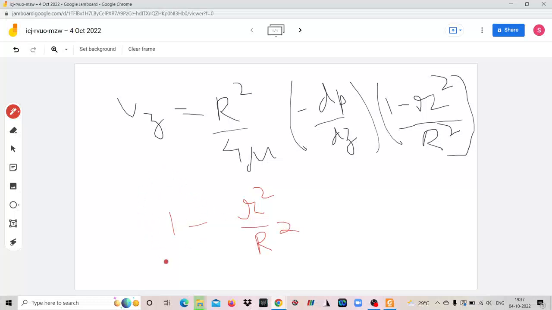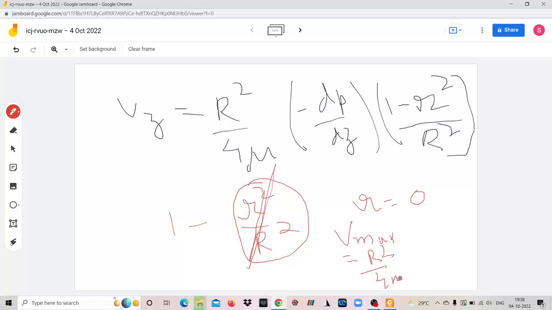For this term to be maximum, r square by R square has to be minimum. 1 minus something: the maximum possible value is when r is equal to 0. When r is equal to 0, this becomes 0, and the expression becomes R square by 4 mu, minus dp by dz. So Vz max is nothing but R square by 4 mu, minus dp by dz.